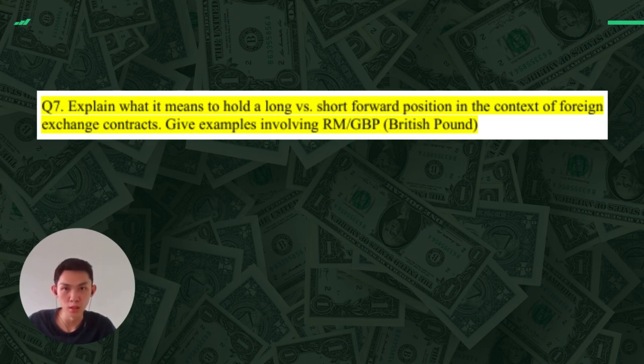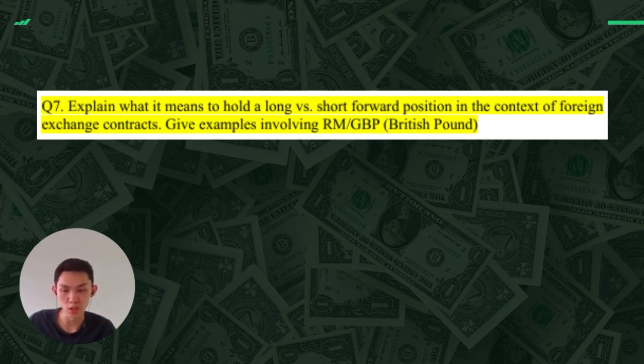So for question seven, we'll talk about the long and short forward positions in the foreign exchange contract. The short position forward contract is an obligation to sell the currency in the future. For example, we assume the Malaysian importer agrees to pay 200,000 for UK machinery in 3 months.